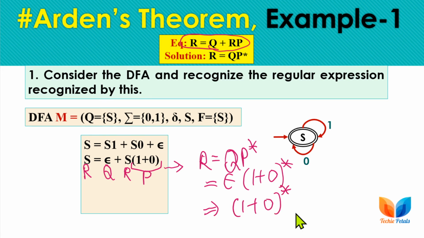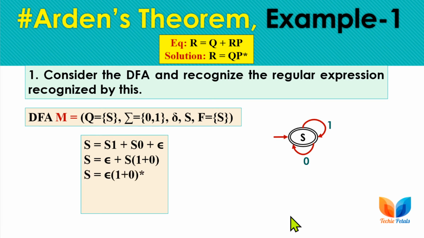This will be the regular expression language, because this is the expression corresponding to the final state. So we can say that this DFA has this regular expression as the solution. This is the expression we solved after applying the Arden solution, and we can declare that this is the language of the machine, as (1 plus 0) star means any combination of 1 and 0 of any length.